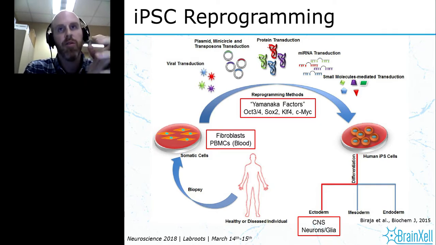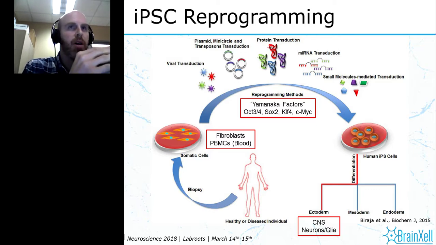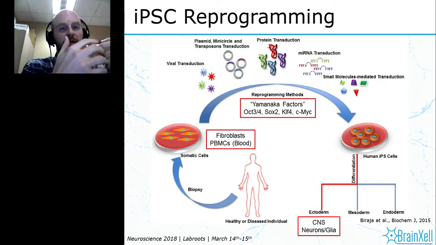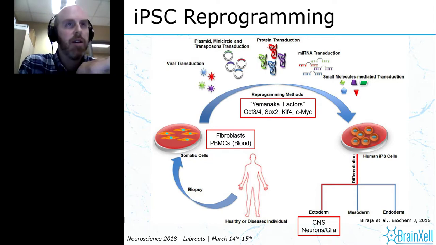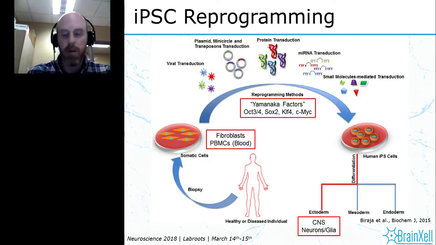But in general, this approach is to get these sort of master transcription factors into the cells that cause a reprogramming, really a reversion of the cells to a much more primitive state. And so the factors will change the entire transcriptomic profile of the cells and get them to that more primitive pluripotent state.